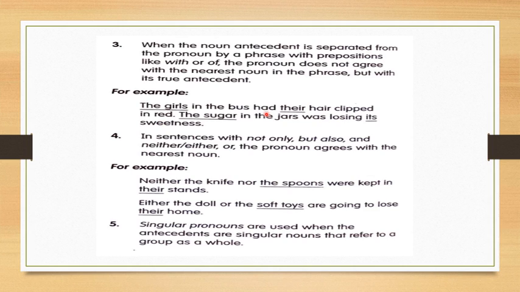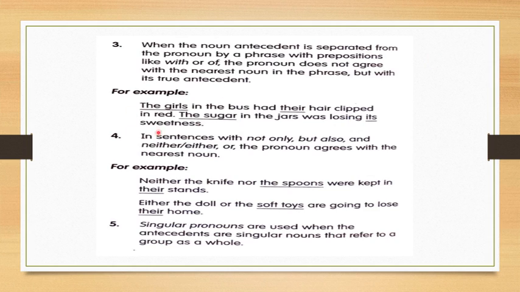The girls in the bus, here we have used their. Why? It's a plural, that's why we have used this their. The sugar in the jars was losing its sweetness. The sugar in the jars, that's why here it's sweetness.